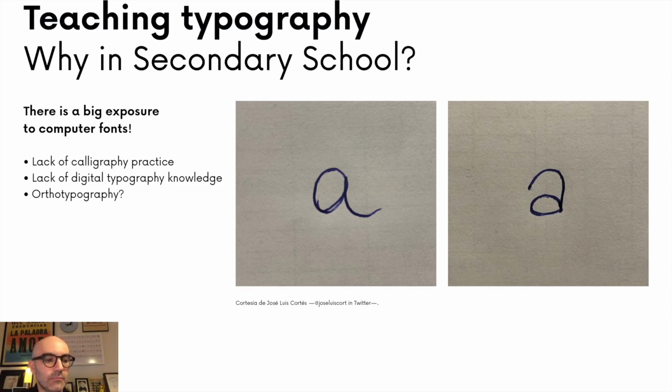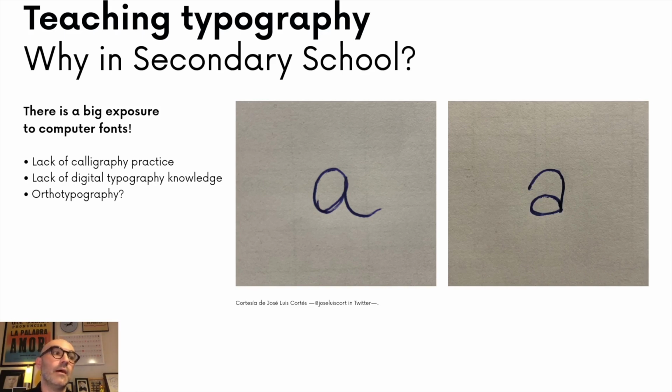There is also a lack of digital typography knowledge, right? They jump into text processors straight as users, as I told you before, but without being aware of it. And also, there is a lack of orthotypography knowledge, right? They use the text processor's automatic corrector as the only way of working with orthotypography, and that's it.